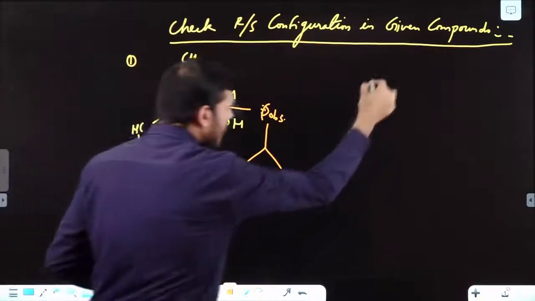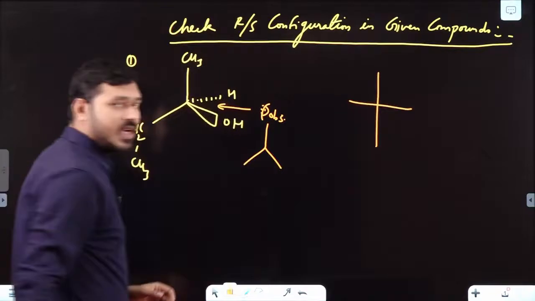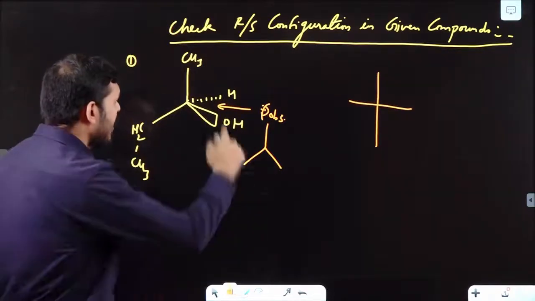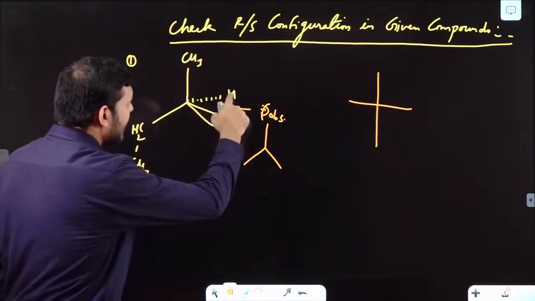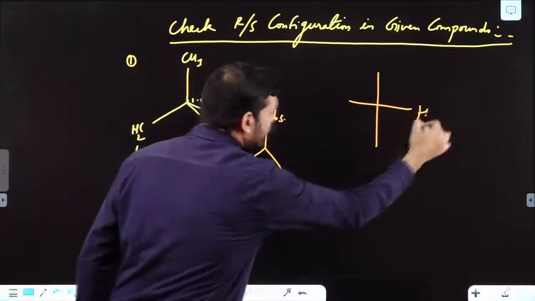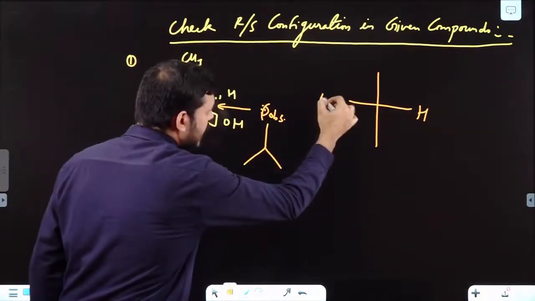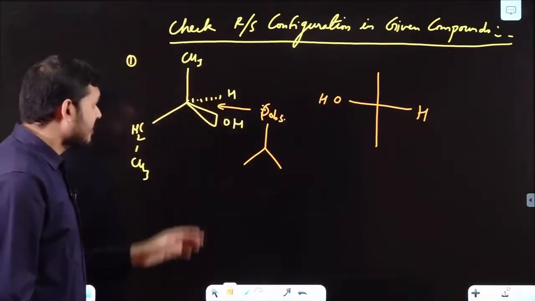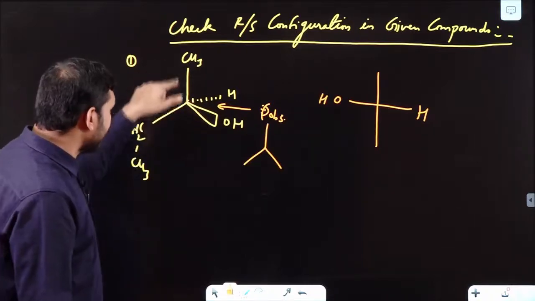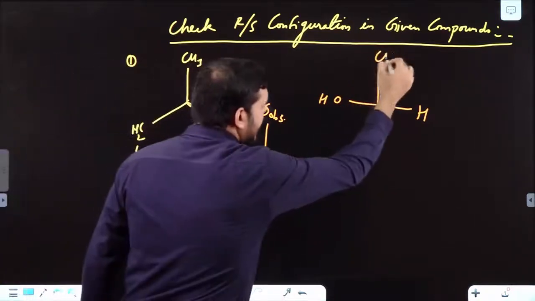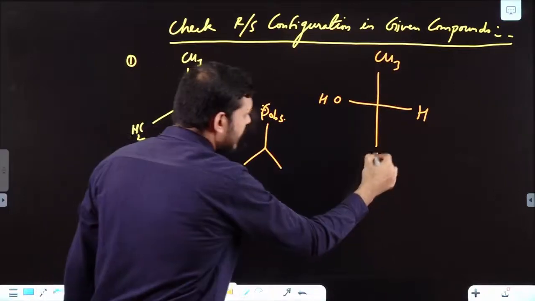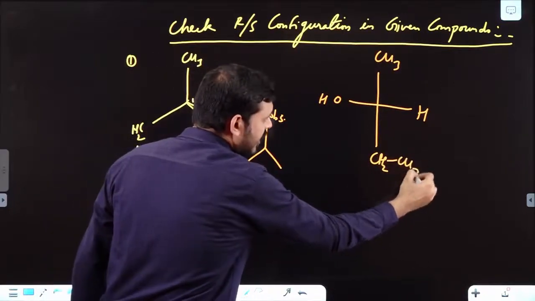Let me draw the Fisher vertical and horizontal cross. Now hydrogen on the right side, OH on the left side. And this is upside, this is downside, CH3 upside and ethyl, CH2CH3 downside.